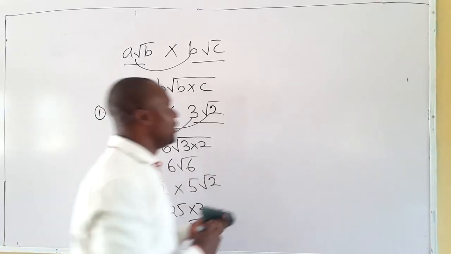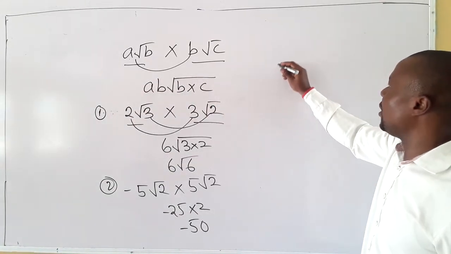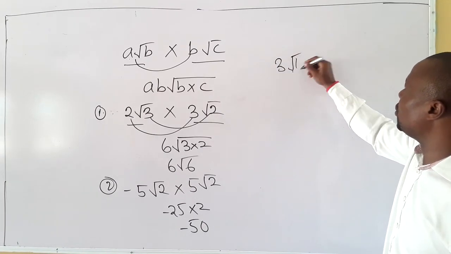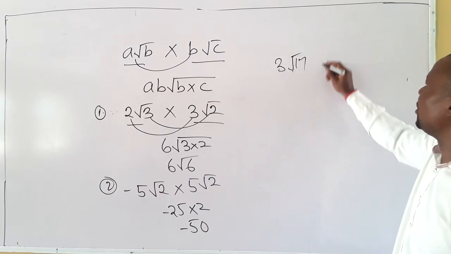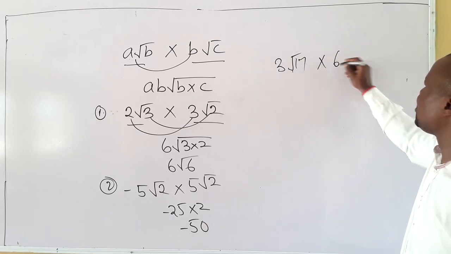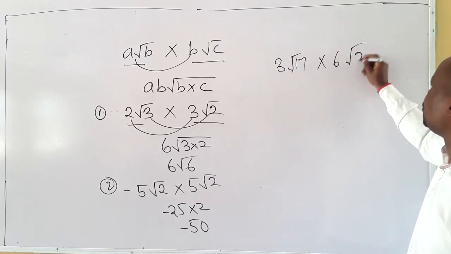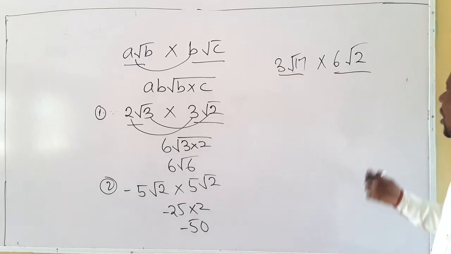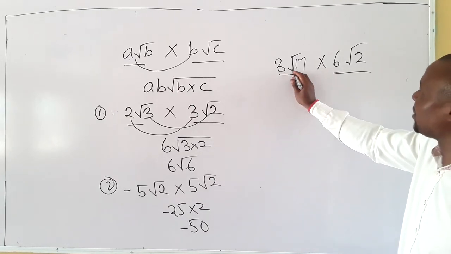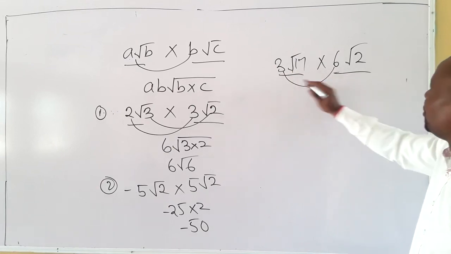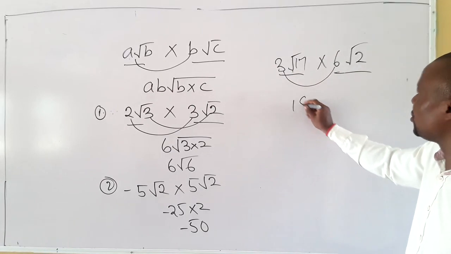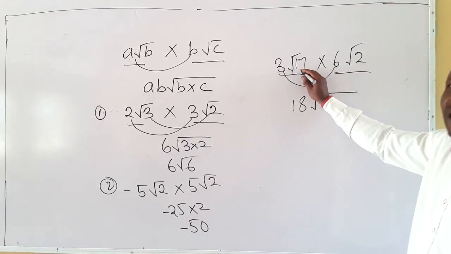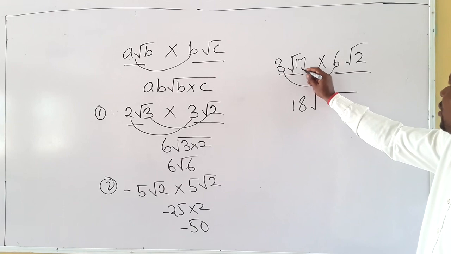Another example can be if we have, say, 3 root 17 times 6 root 2. These two surds can be multiplied. We follow the same principle: multiply the numbers outside the root sign first. That is 3 times 6, which will give us 18. We open up a bigger root sign, then we multiply the numbers under the square root sign.